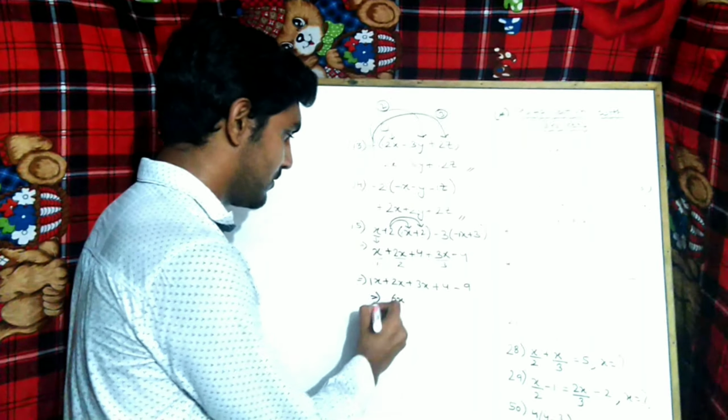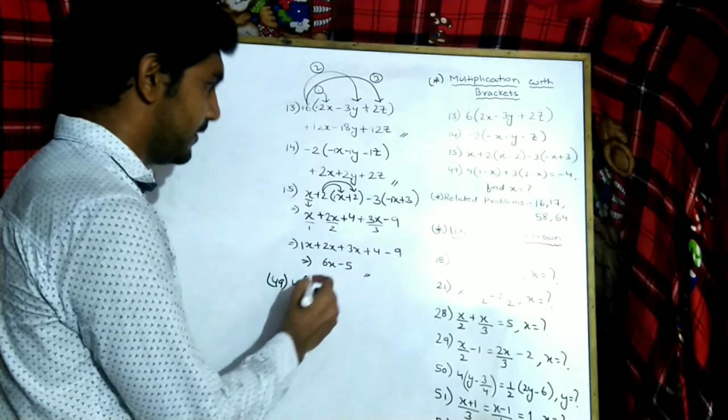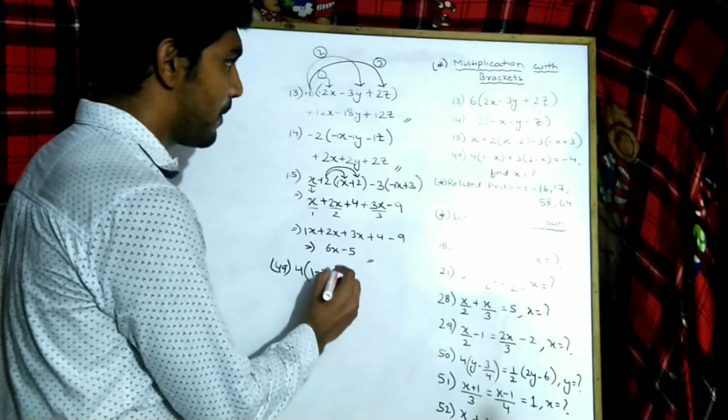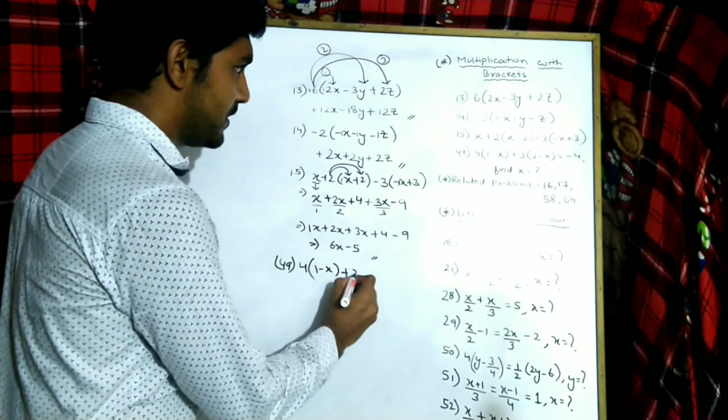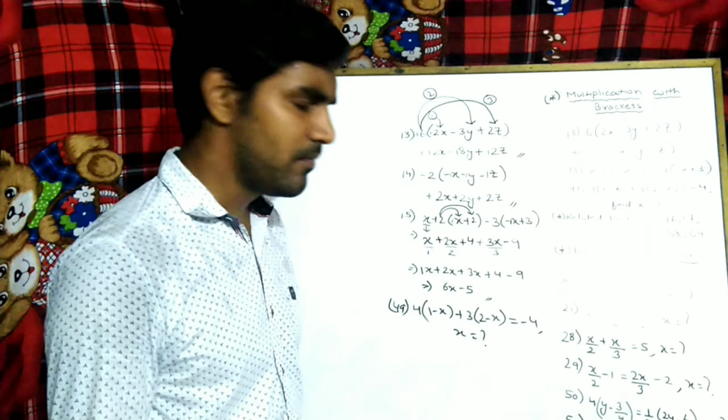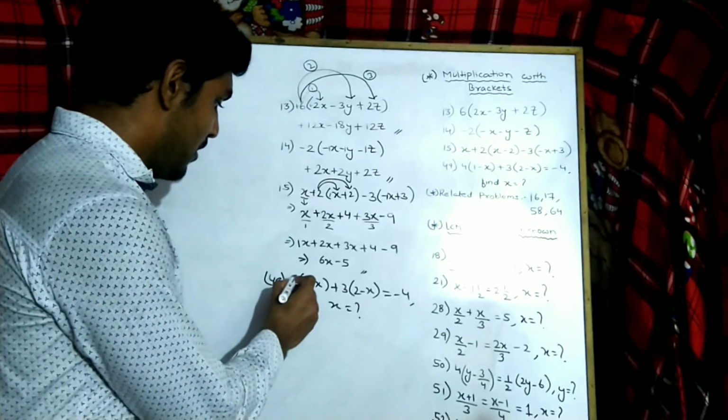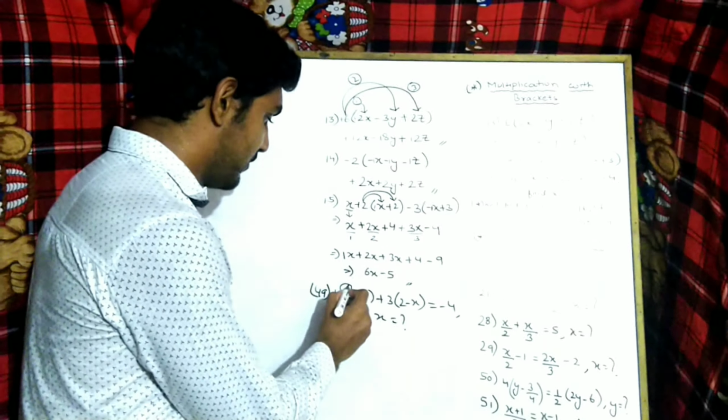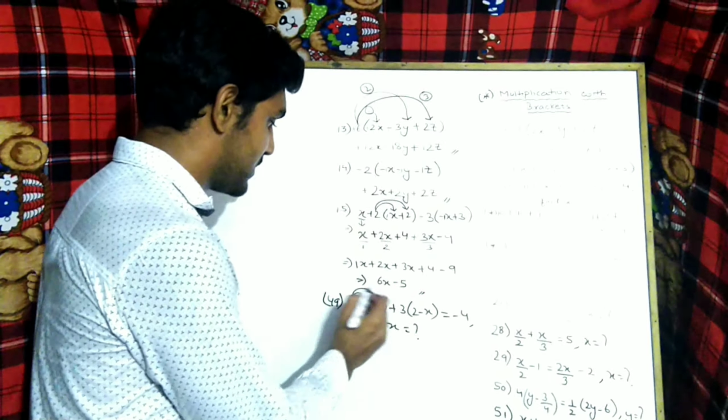Now let's go for the 49th sum. 4 bracket 1 minus x plus 3 bracket 2 minus x is equal to minus 4. But we have to find the x value here. What is the x value? Very simple. First I'm multiplying, same steps. 4 into 1, 4.